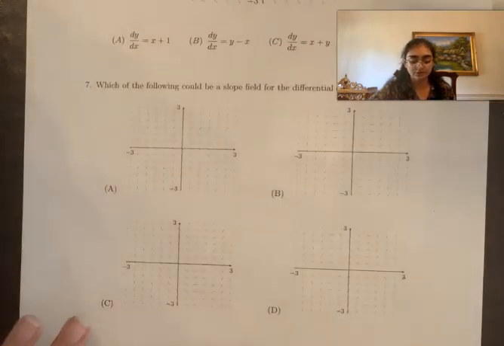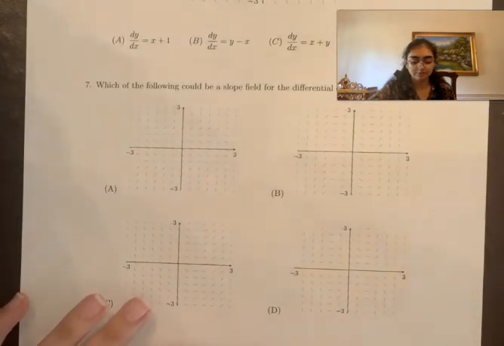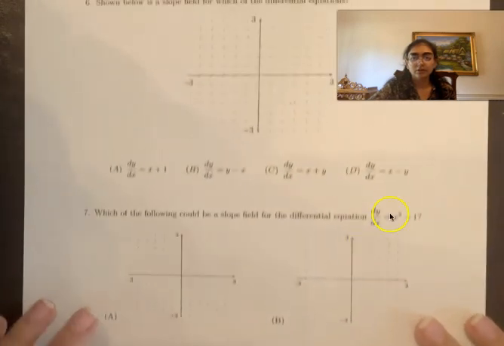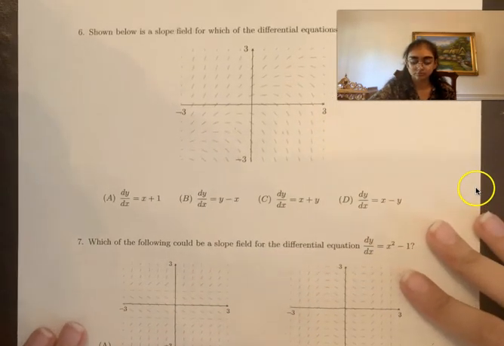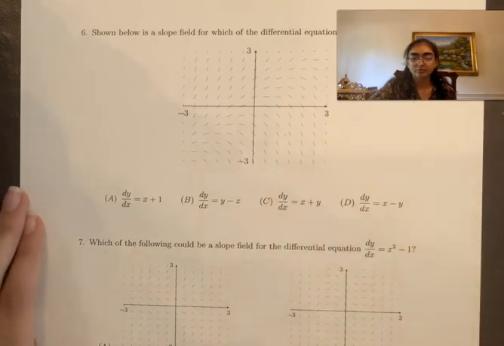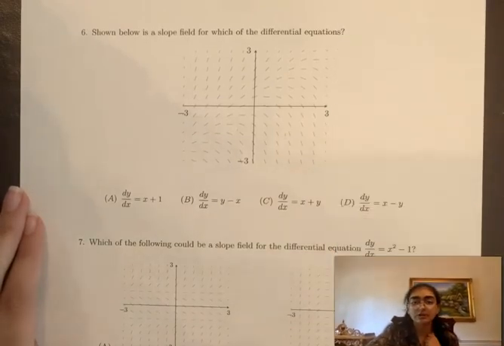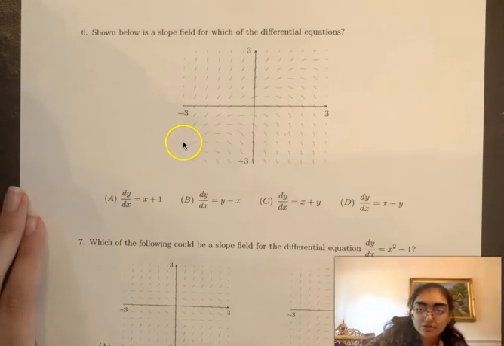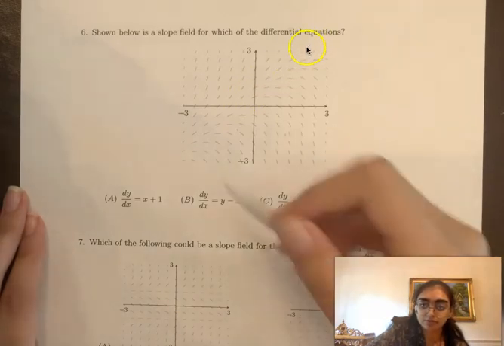Let's move on to number 6. If we look closely at number 6, we can see that there's just a bunch of lines going completely diagonal right here.